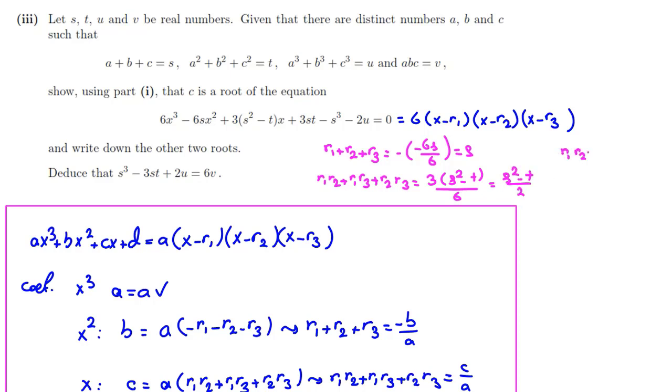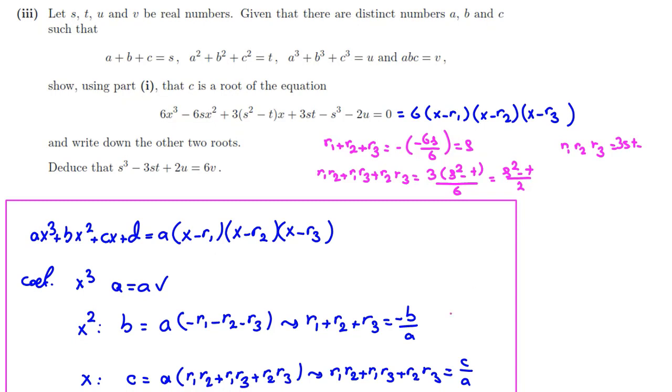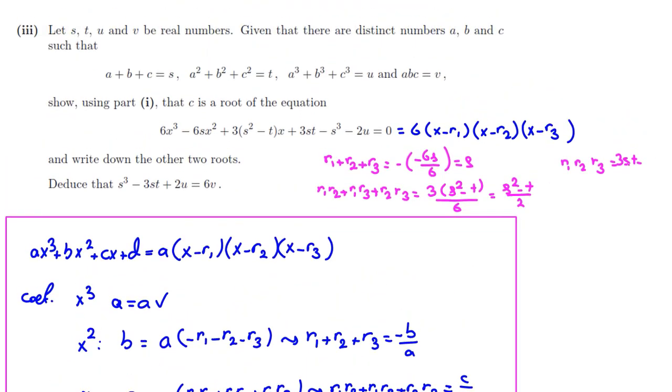And r1 r2 r3 equals this part over 6, negative of that. But here it is negative, so I can write it as (s cubed plus 2u minus 3st) all over 6.